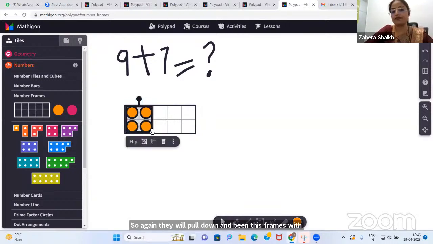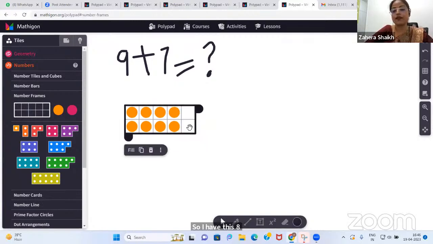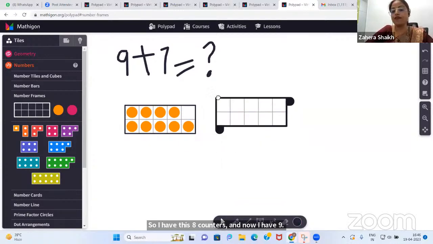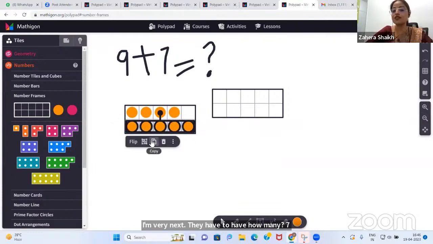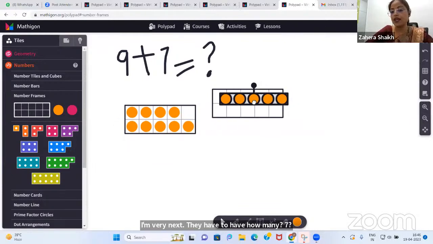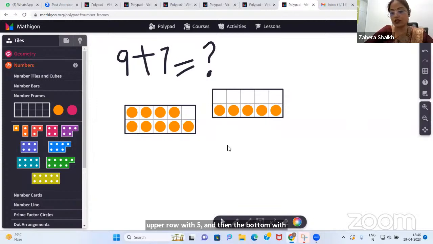So I have these 8 counters, and now I have 9. And in the very next tens frame, they have to have how many? 7. So it's their choice how they want to represent. It's not a hard and fast rule for them that they have to fill the upper row with 5 and then the bottom with 4. It's not that. It's their choice how to do that.